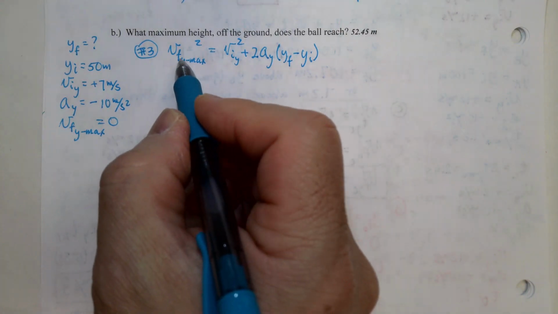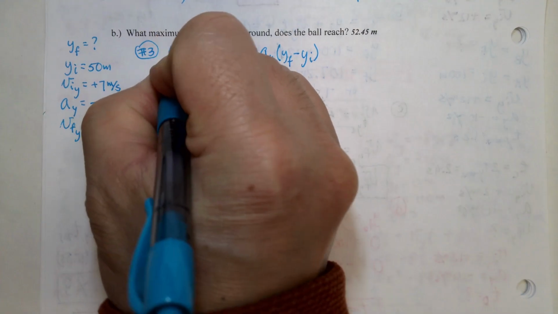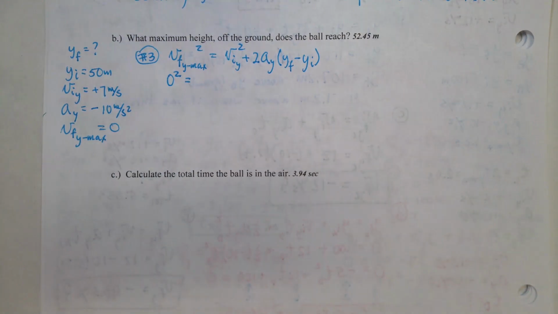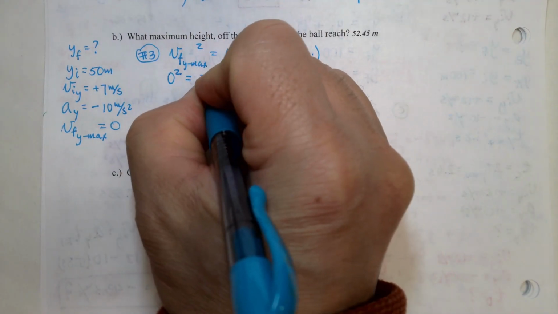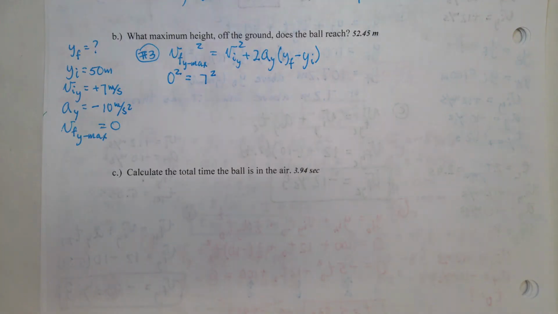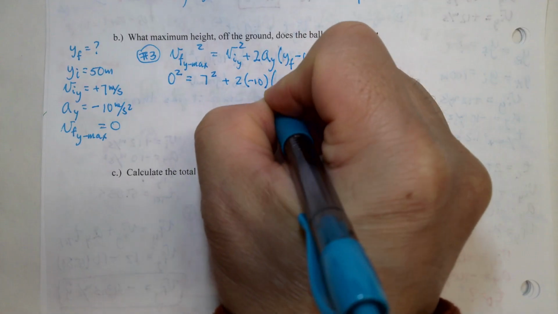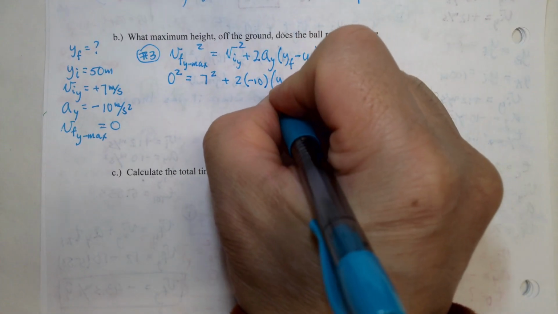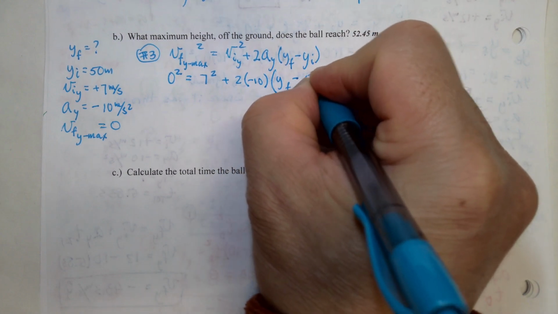Therefore, we know final velocity Y max is 0. Square that, you still get 0. VIY is 7 meters per second. Square that, plus 2 times negative 10 times Y final, which is what we're looking for, minus Y initial, which is 50.